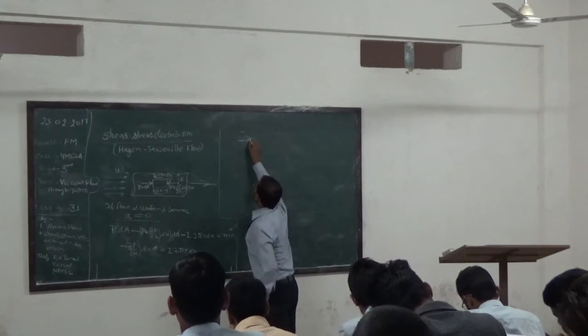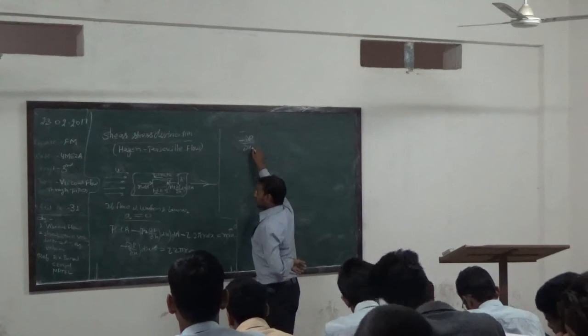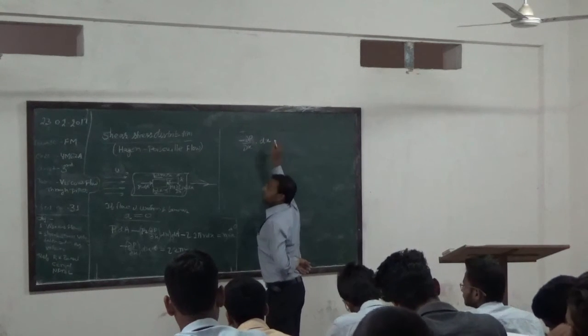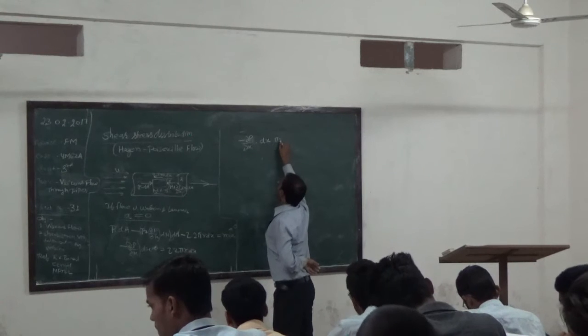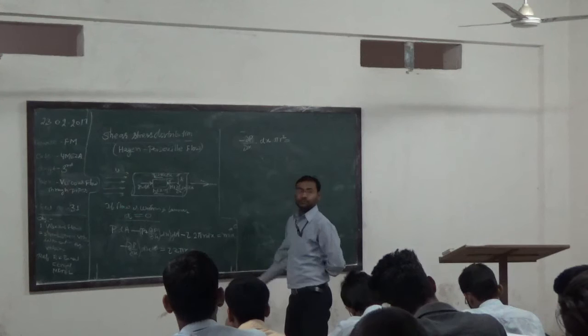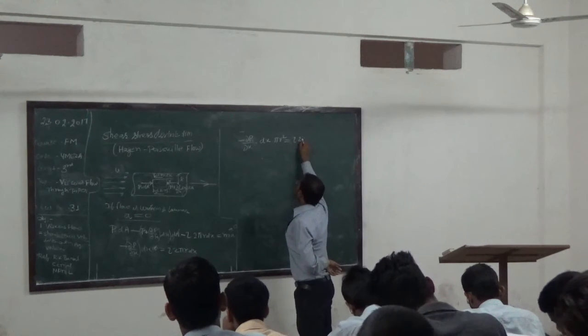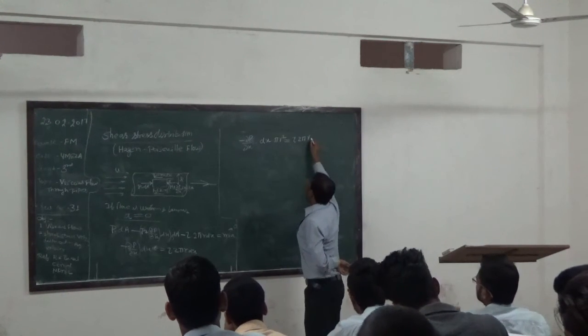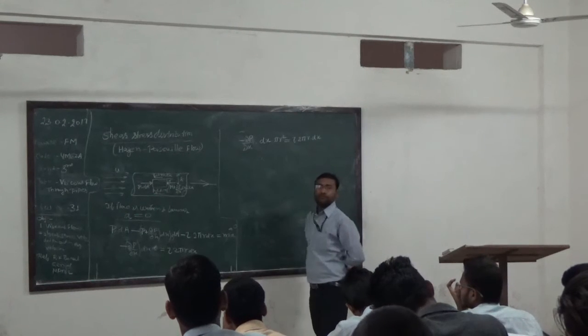So minus del P by del x into dx into pi r square is equal to tau into 2 pi r dx.